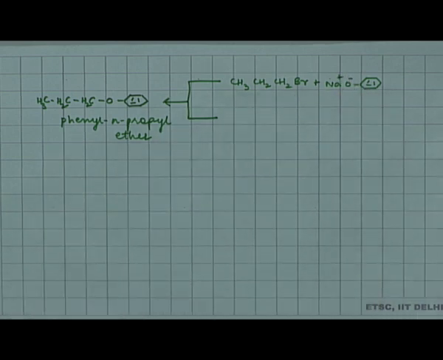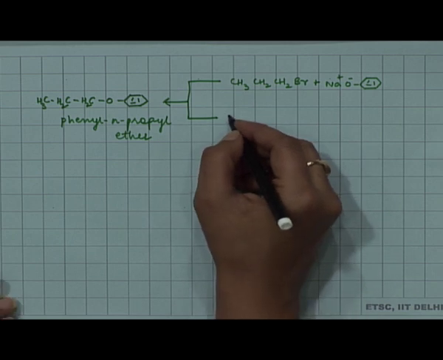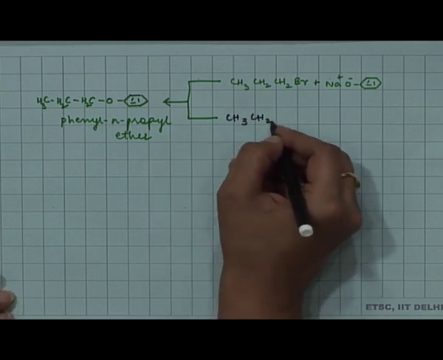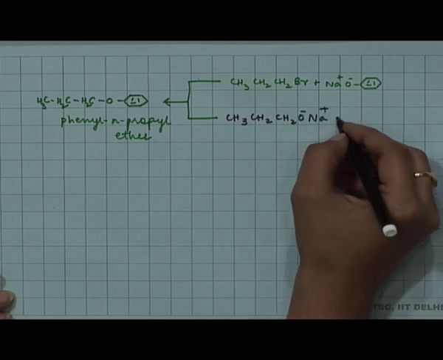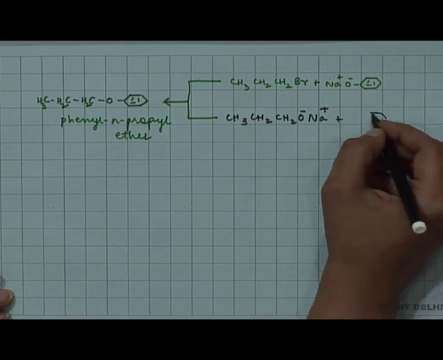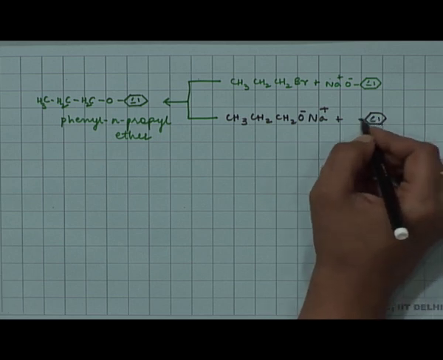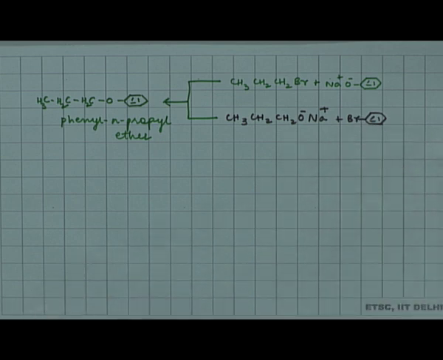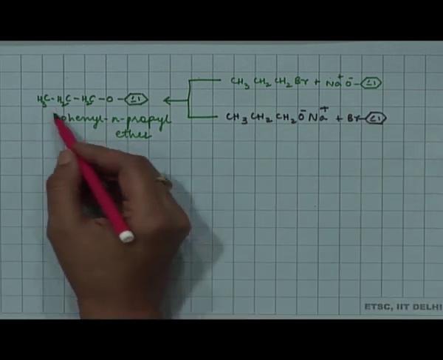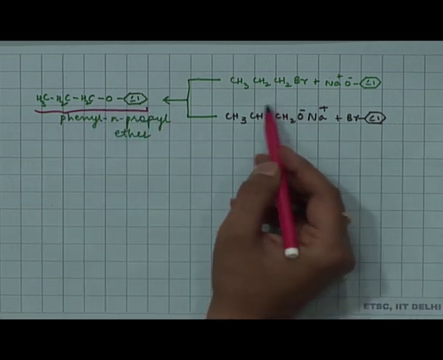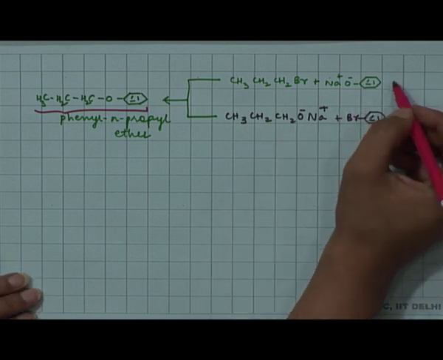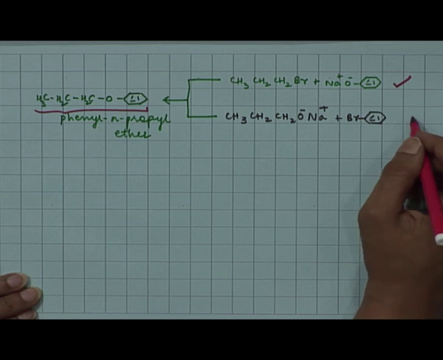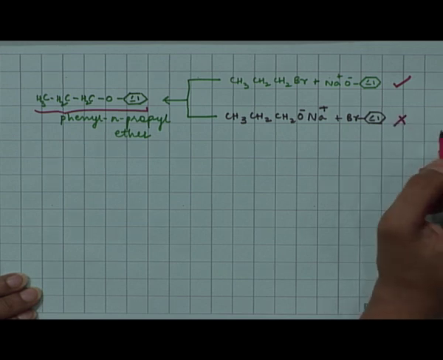The other could be that you start with this sodium alkoxide and you treat this with the aryl halide. So, two routes are possible to arrive at this product. So, the question is, which is the combination of substrates that one will choose over the other. So, I put a tick here that this reaction is feasible, but this reaction is not feasible.